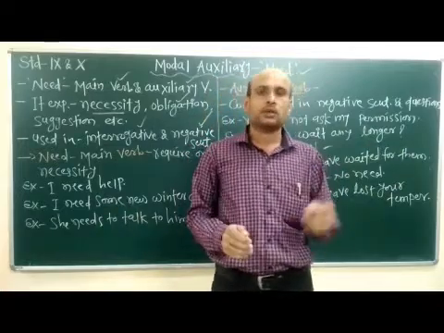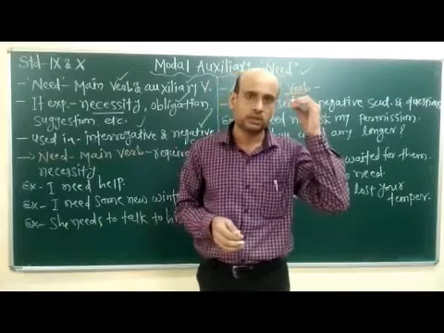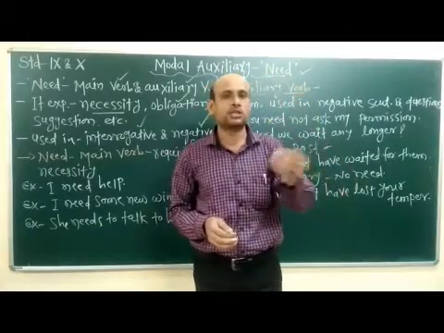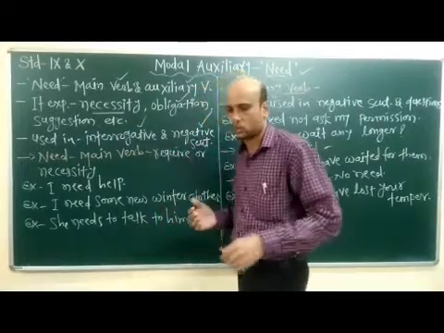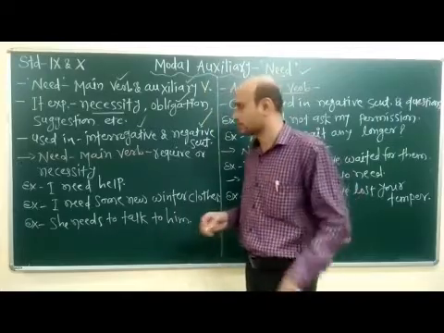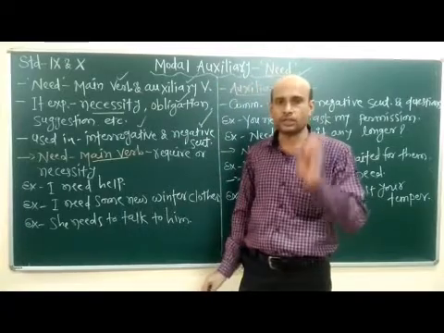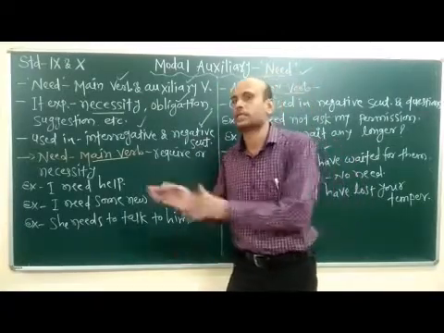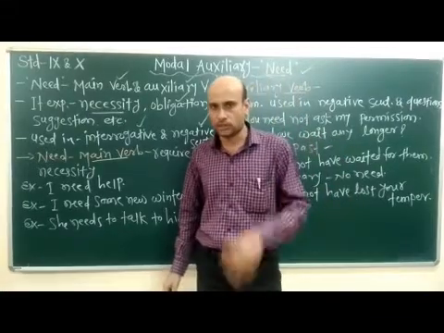When we say negative sentence, there is definitely some negative word used which shows negation, for example not, etc. First of all we will see how the word need functions as a main verb in a sentence. Later on we will discuss the auxiliary verb.